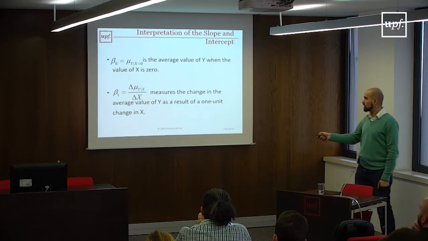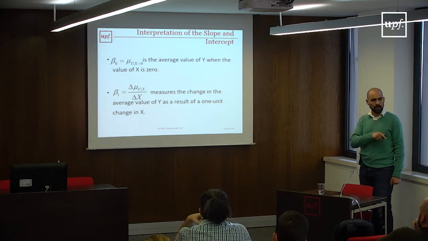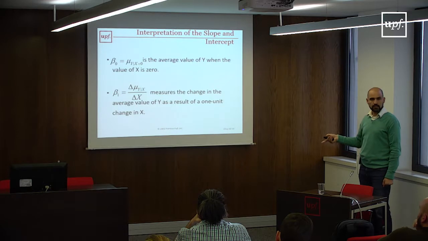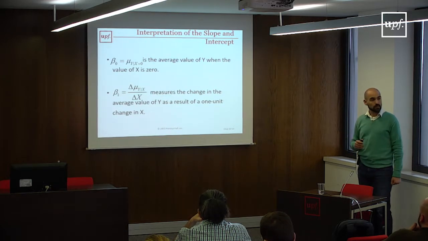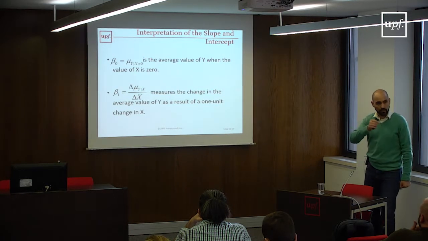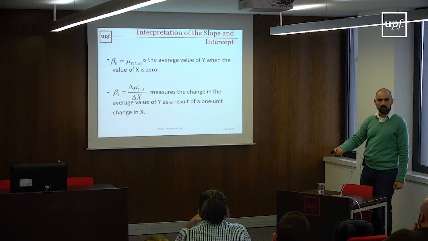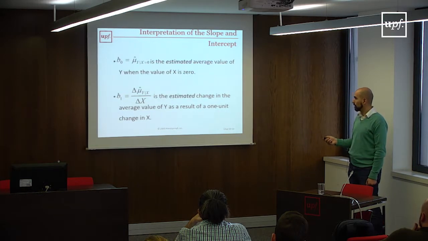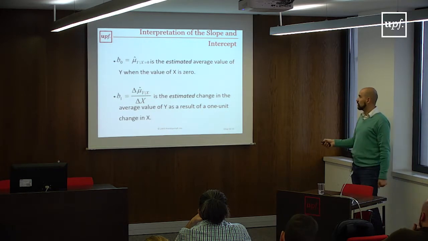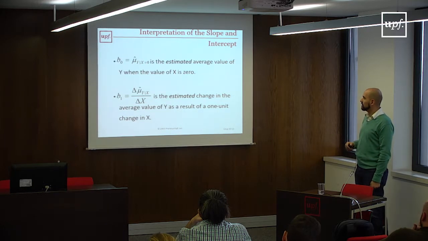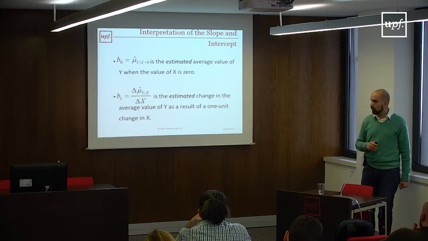So the intercept is the conditional mean of y when x is equal to 0, while beta 1 is the variation of the conditional mean of y related to a variation of x. We can estimate them using this estimator for the intercept and this estimator for the slope.